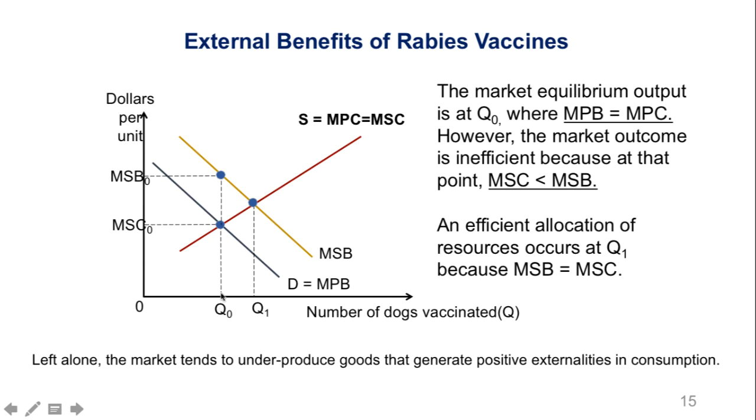This is the quantity and the price without government intervention, and then with the government intervention, we can push it over. An efficient allocation of resources occurs at Q1 because the marginal social benefit is equal to marginal social cost at this point. And I will show you how government can push the production to that level.